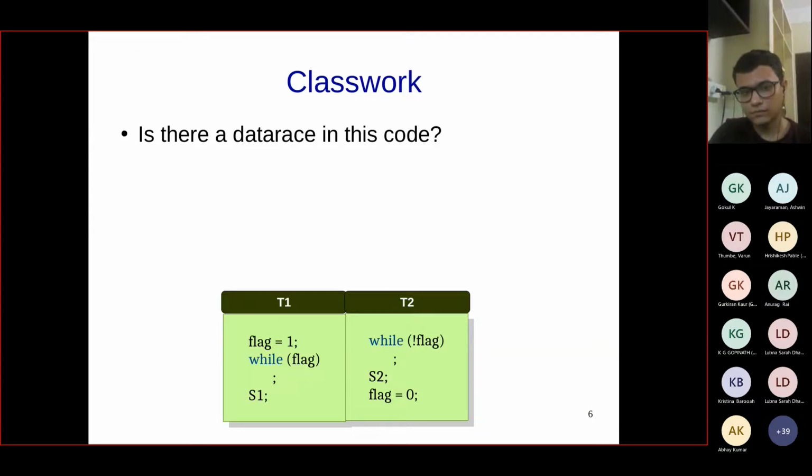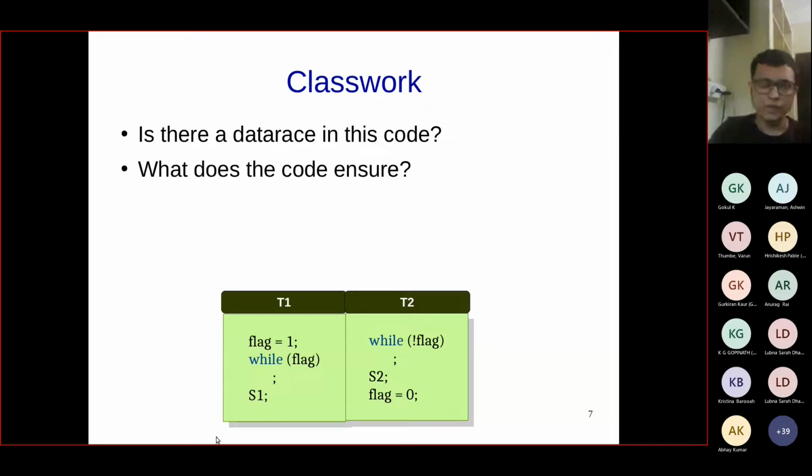Got it, sir. Okay. Anyways, let's move on. So the next question that I want to ask you people is what this code ensures. Does this code ensure anything? Any typical thing in the way the critical sections are executed or anything else?